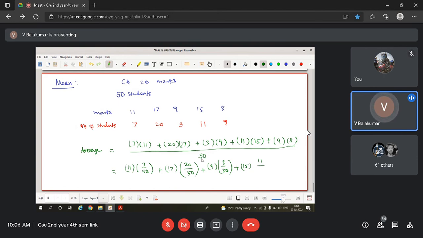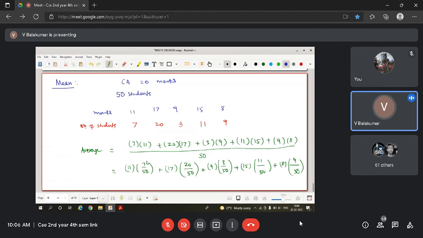I am just dividing the 50 into each term in the numerator. Still the number is the same. Are you understanding this part?